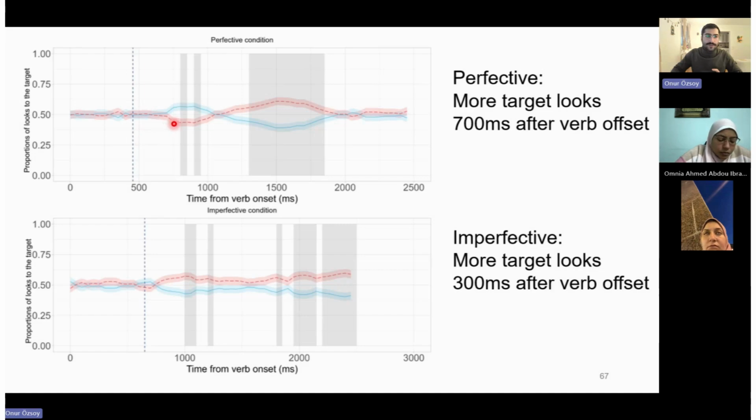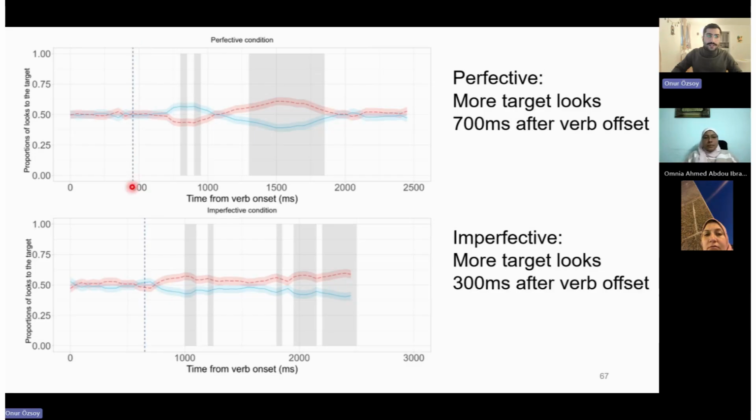So what you would expect is that in the perfective condition, this red line goes up quite high, and the blue line goes quite down, because this is the imperfective. And the target is, in this case, the perfective picture, so the completed event.